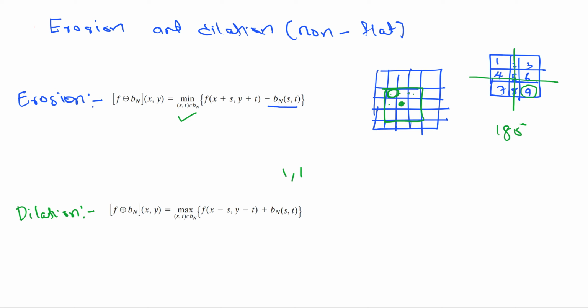Then you will add all the values of this f of xy in the neighborhood covered by the structuring element with the values of the structuring element which are flipped by 180 degrees, then you will find the maximum out of it. So this is the equation for dilation when you are using a non-flat structuring element for morphological image processing. Usually the usage of non-flat structuring elements is not that common, and I hope the process is clear. Thank you.